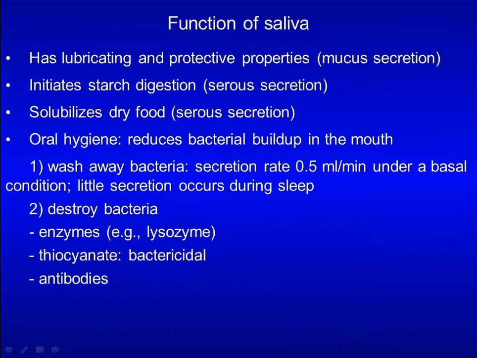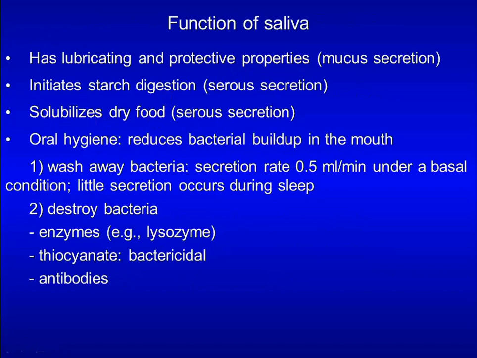Saliva contains a mucus, therefore it has lubricating and protective properties. Saliva also contains serous secretion, therefore it initiates starch digestion and solubilizes dry food. Finally, saliva plays an important role in oral hygiene in two major aspects.